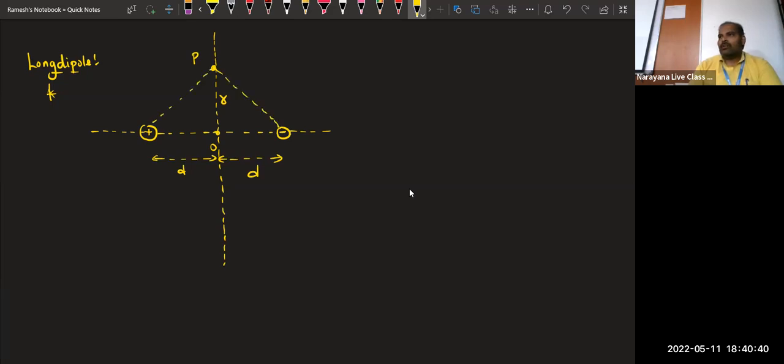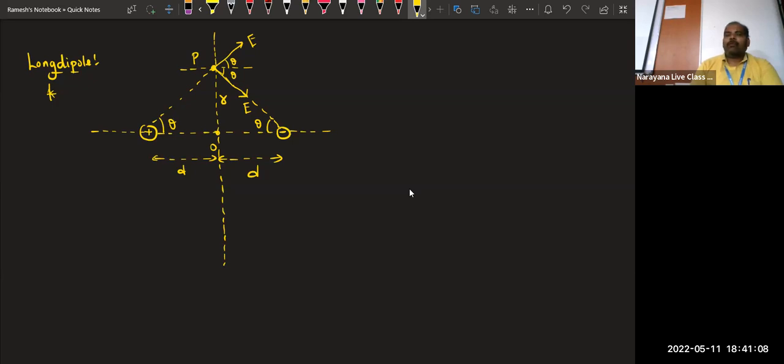Two electric fields. The positive charge will produce an electric field away, and the negative charge will produce an electric field inwards. Both have the same magnitudes, why? Same charges and same distance. So I will draw a horizontal line. This is theta, so this is also theta.